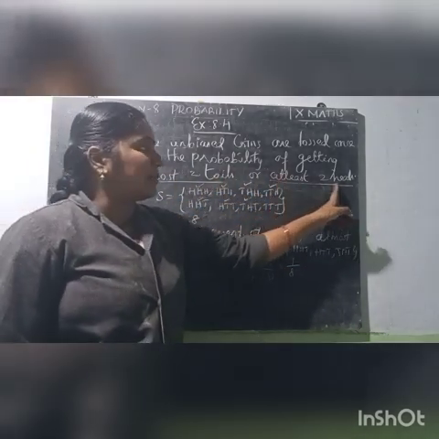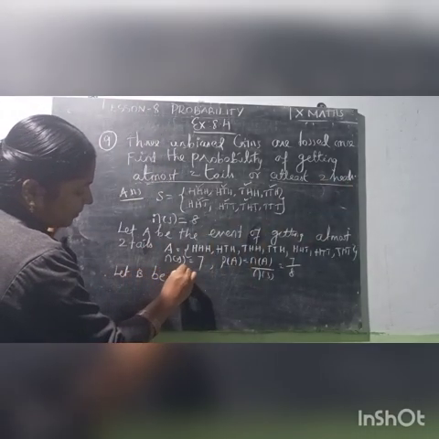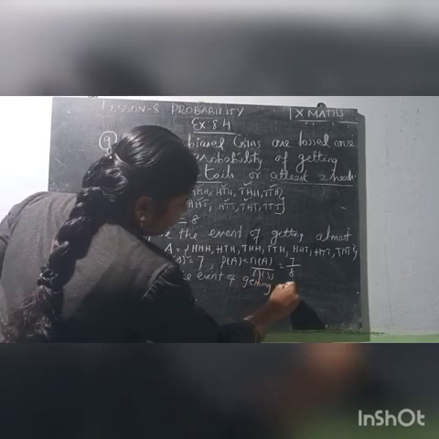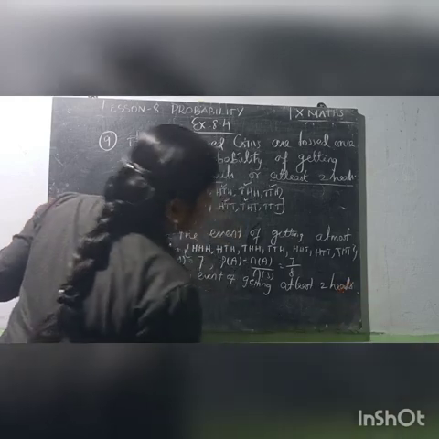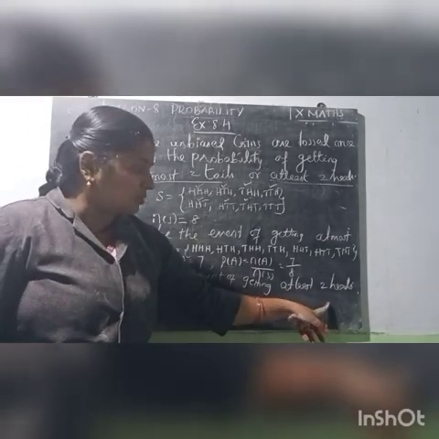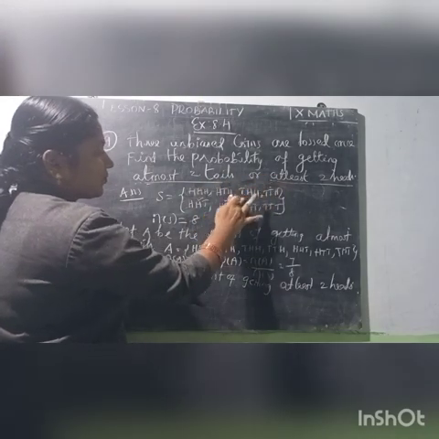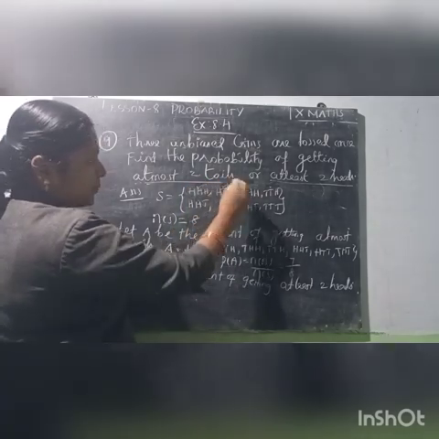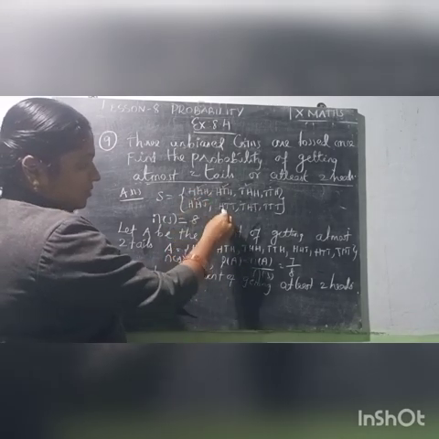Then next one, let B be the event of getting at least 2 heads. So B equal to at least 2 means 2 or more than 2 heads are possible. So 2 heads and more than 2 heads we can select now. 3 heads possible, 2 heads possible, 1 head not possible, no head not possible.